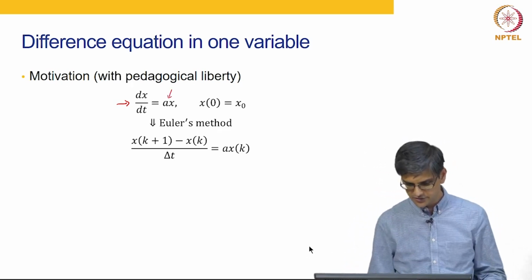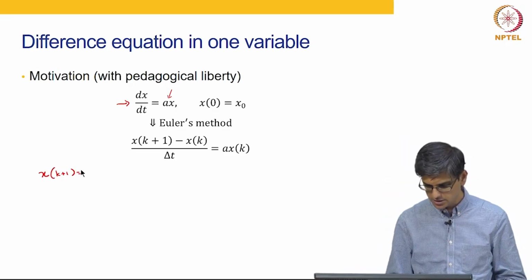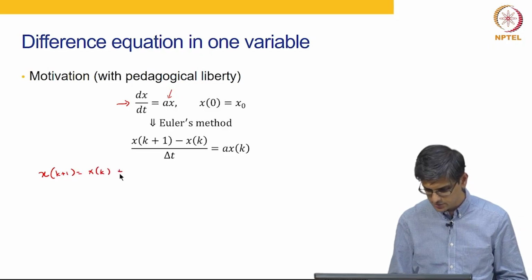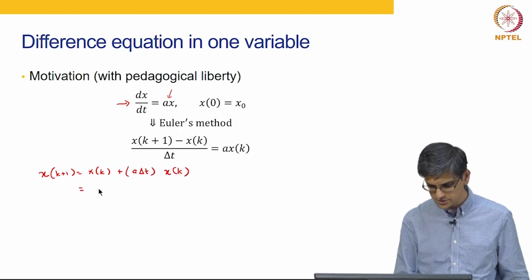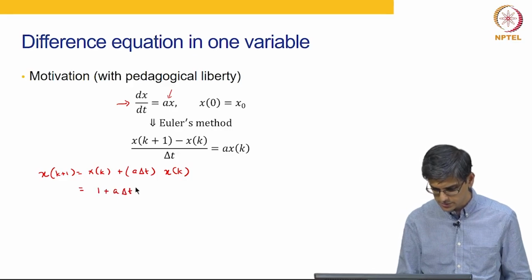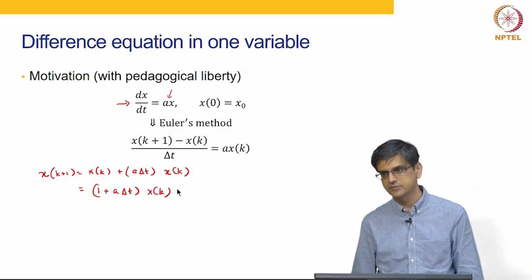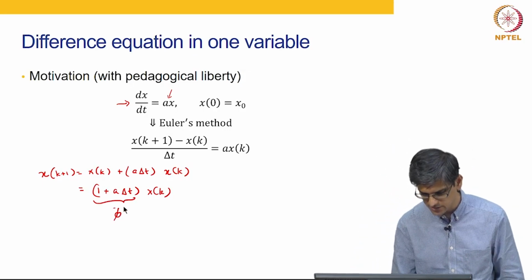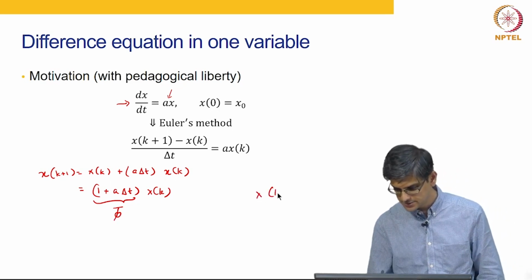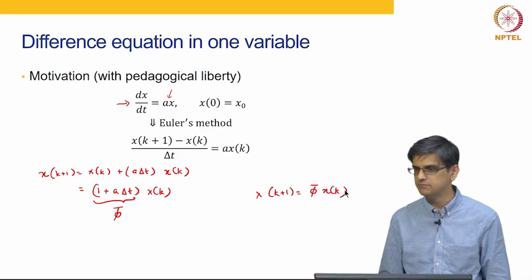If we rearrange this, then you get xk plus 1 equal to xk plus a delta t multiplied by xk, which is equal to 1 plus a delta t times xk. Let us call this phi bar. Then xk plus 1 equal to phi bar xk.